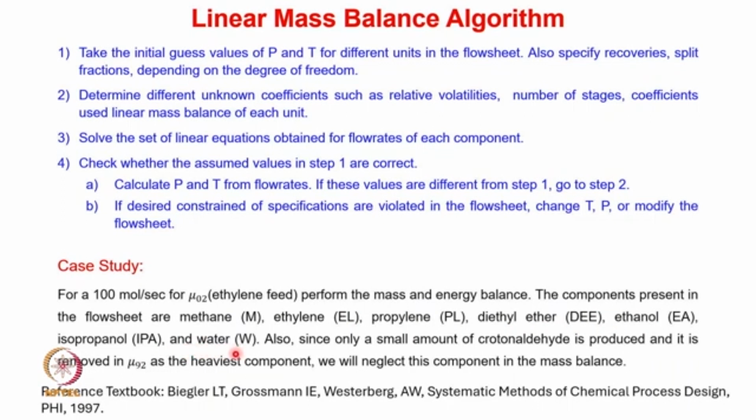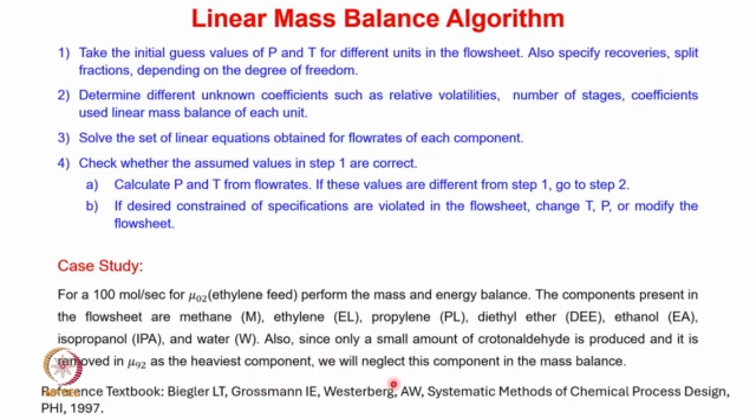There is also crotonaldehyde, but the amount produced is very small, so we can neglect that. Methane is represented by M, ethylene by EL, propylene by PL, diethyl ether by DEE, ethanol by EA, isopropanol by IPA, and water by W.